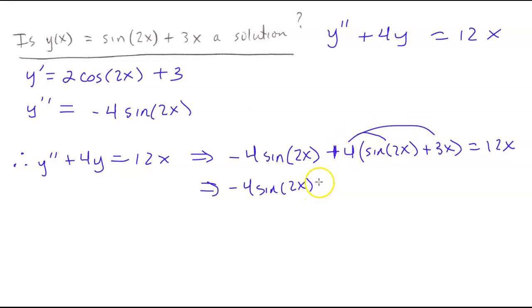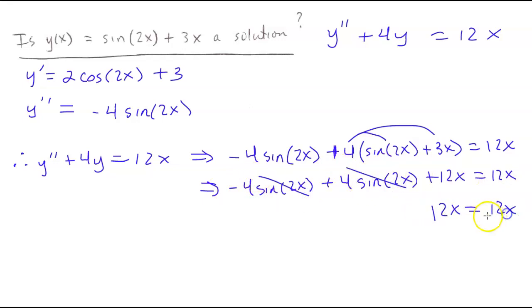We distribute to both terms here, plus 4 sine of 2x plus 12x equals 12x. These two terms cancel, and we see that 12x will equal 12x for any value of x within the real numbers. So yes, this particular function would satisfy our differential equation that we were given.